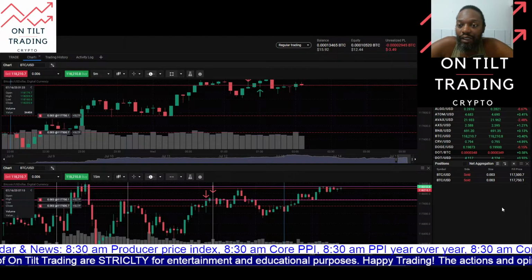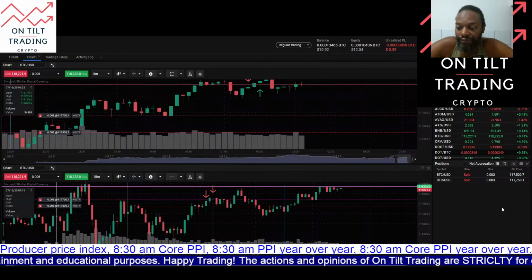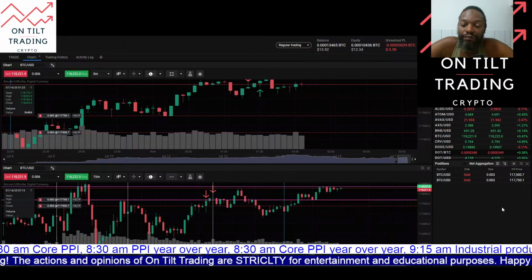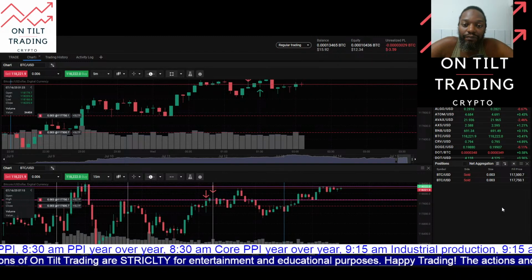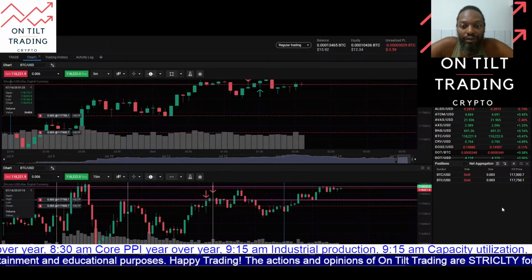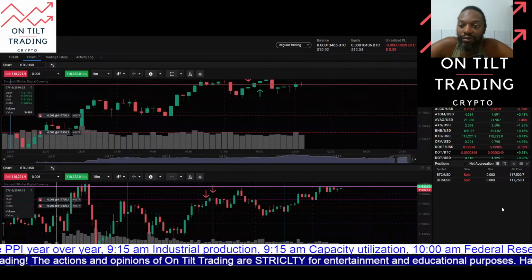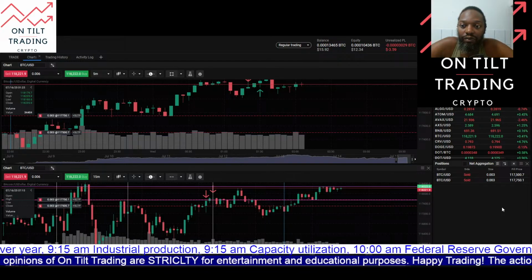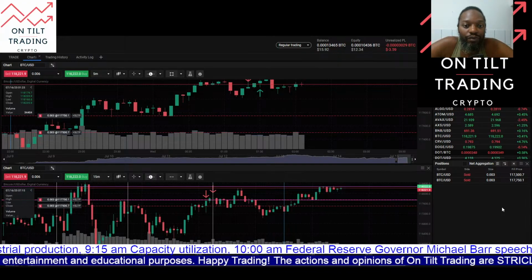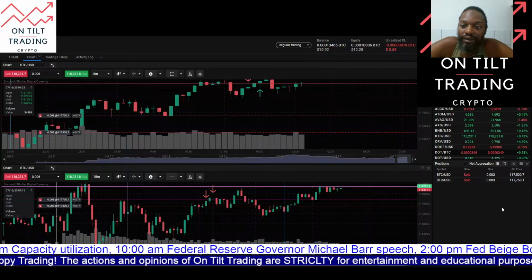Price still consolidating here, 118,220. This is going to wrap up my trade window here. So one trade opportunity offered and denied.